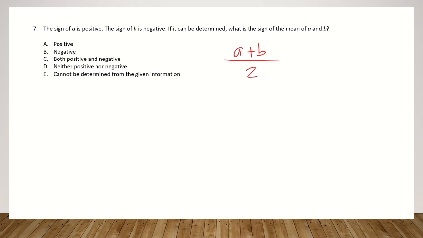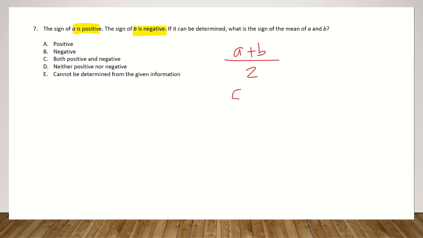Can we tell if the average is going to be positive or negative, or choice C, both positive and negative, or D, neither positive nor negative? All right, so let's try this out. So if we pick numbers, we know that A is a positive number and B is a negative number. So let's just pick some random values.